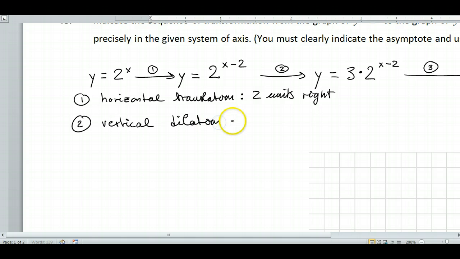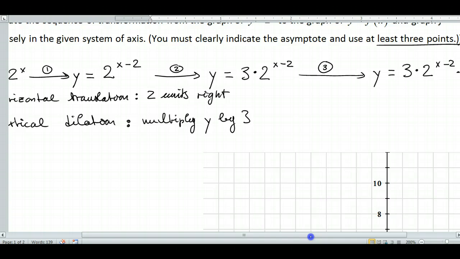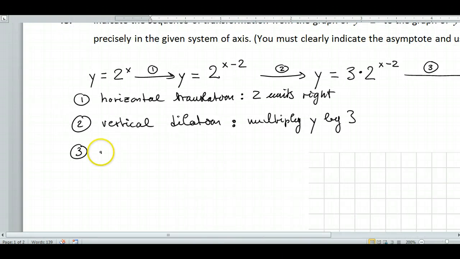It gets bigger, so it's a dilation. When it gets smaller, it's a compression. By a factor of 3, multiply y by 3. And the last one is a minus 4, so it's a vertical translation again, and this is 4 units down.